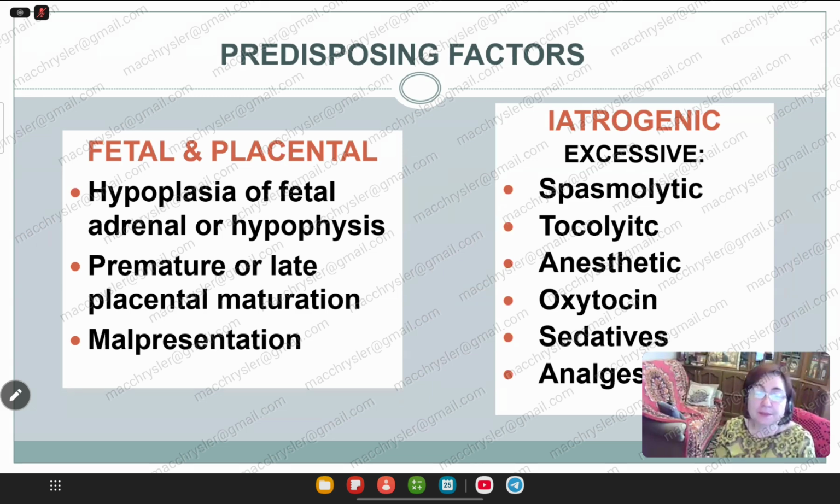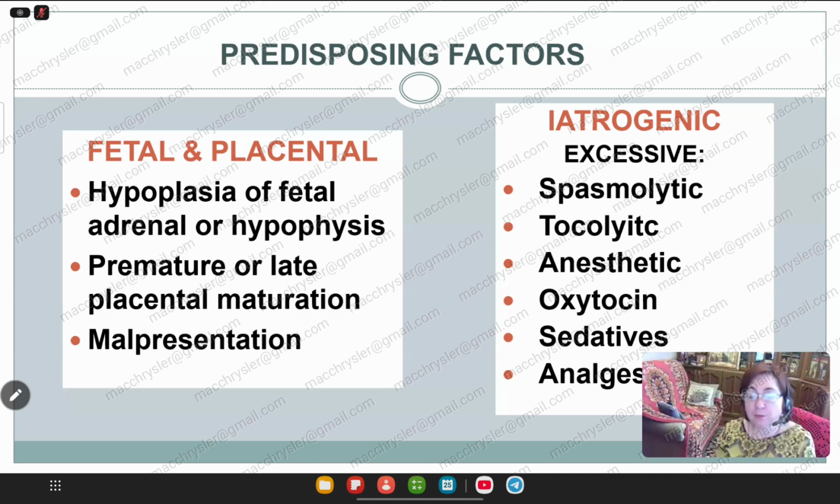Fetal and placental factors: about some part of fetal mechanical we told, but placental is associated with problems of fetal glands like adrenal glands or hypophysis, and in this case, quite commonly, it's associated together with post-date or post-term labor.